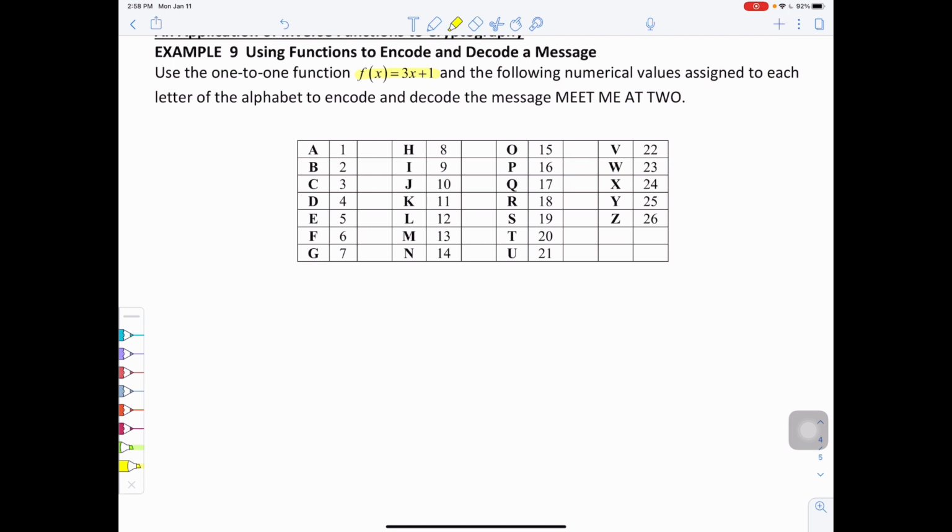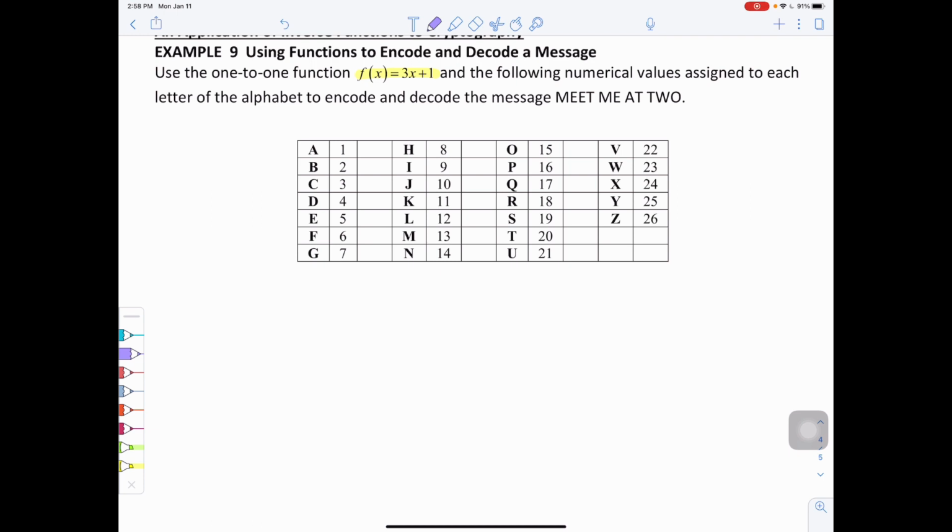A couple of things I wanted to tell you: one-to-one functions and their inverses in the real world are actually used to keep information secure.